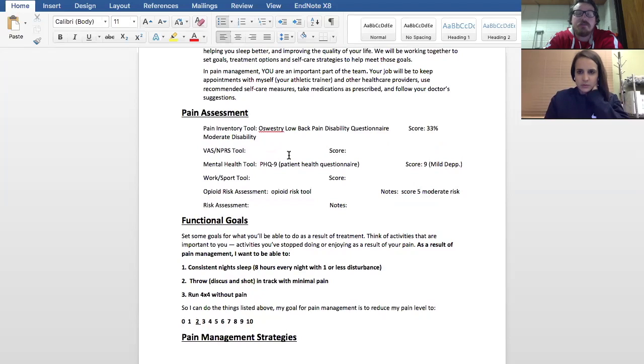But since basketball season, it got worse, so he's taken the last week and a half, almost 2 weeks off to see if that would help. Since it hasn't, his mom finally allowed me to push her in the right direction and get him into a specialist that's going to look at him.